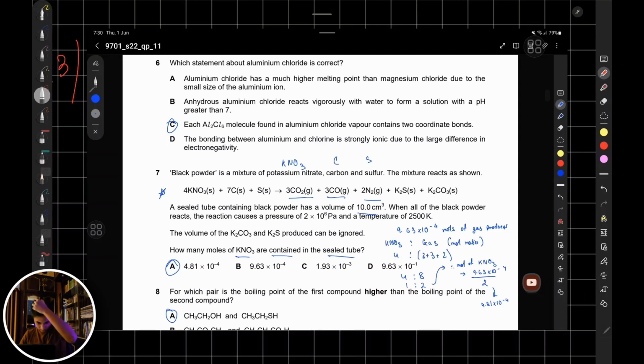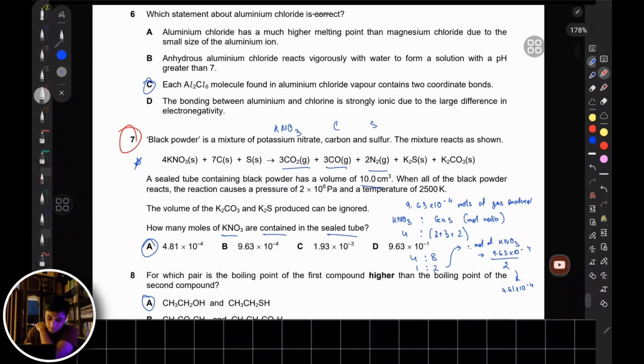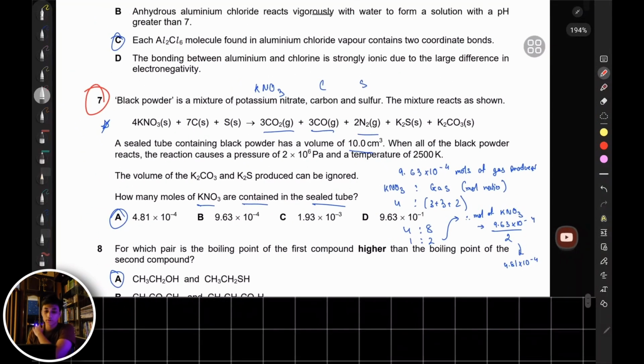Question 7. Black powder is a mixture of potassium nitrate, carbon, and sulfur. The mixture reacts as shown.